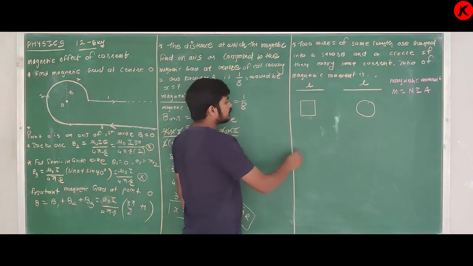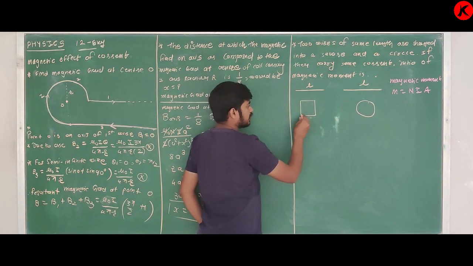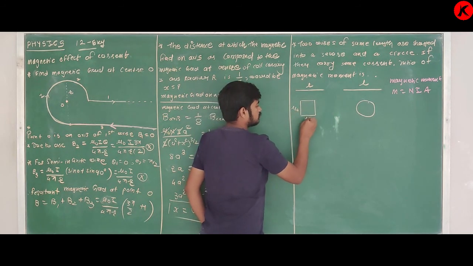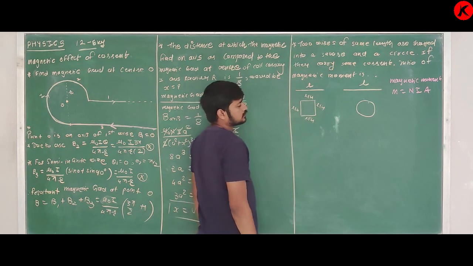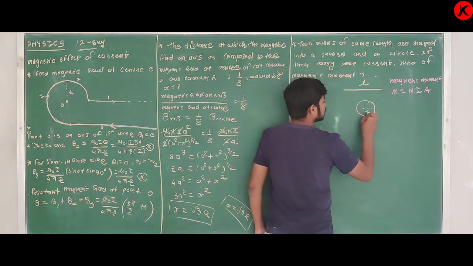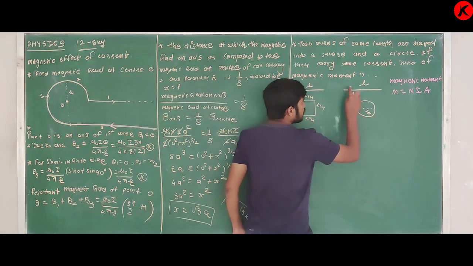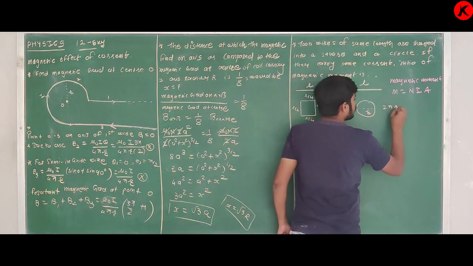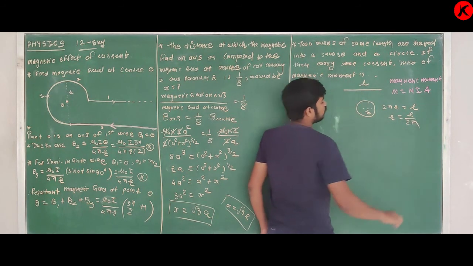If wire having length L is shaped into square, then what is length of each side? It is L by 4. And here if its radius is r, then what is relation between radius and length? 2 pi r is equal to L. So r is equal to L upon 2 pi.